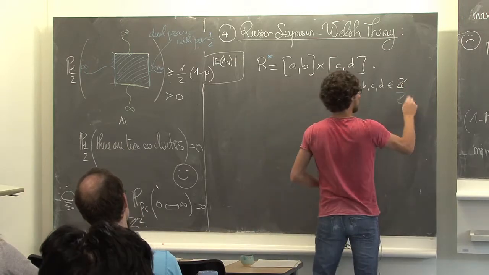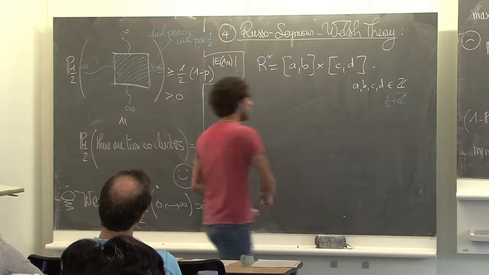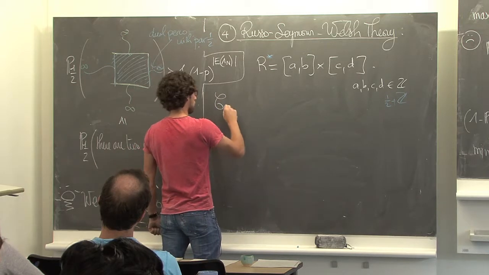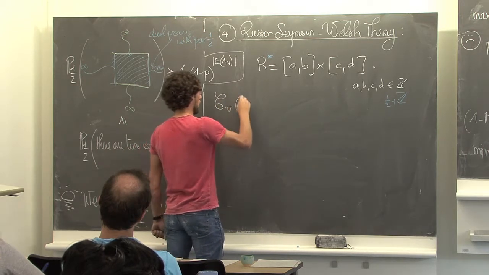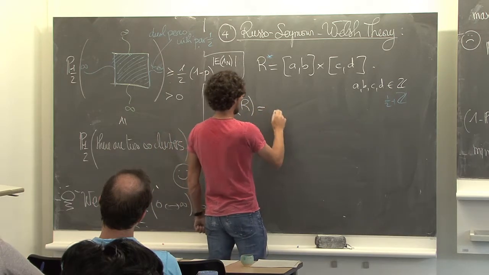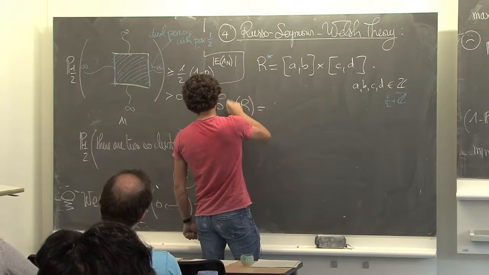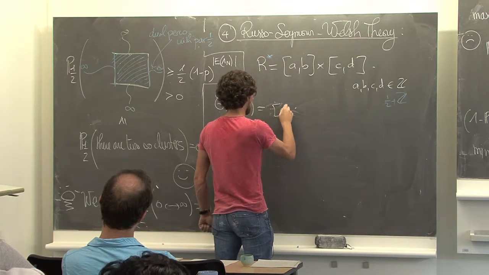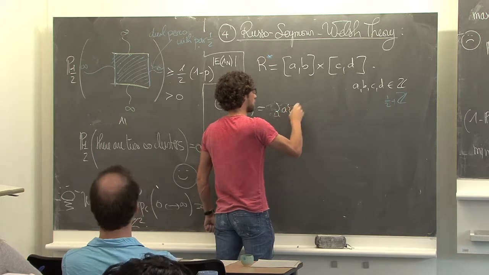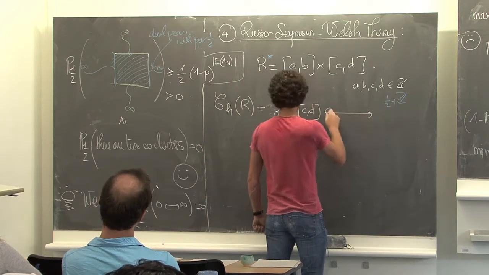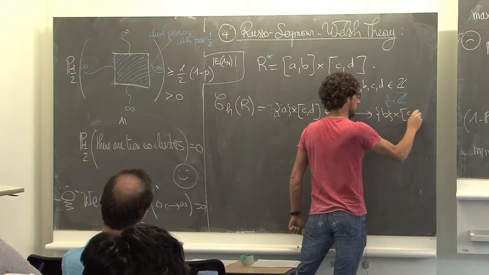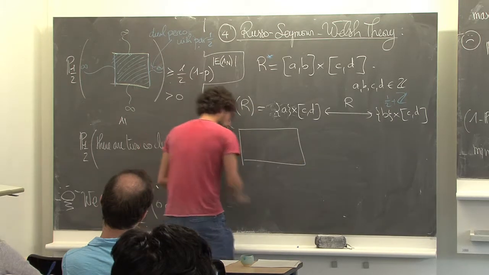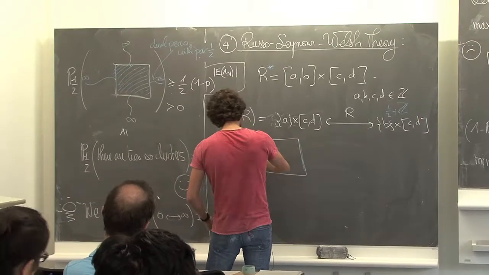And if it's dual, I'm going to define C_H, the horizontal crossing of R, to be the event that A times [C,D] is connected to B times [C,D] in R. So it's just the event that, I take my box R, and I have a path from this side to this side, staying in R. Okay?